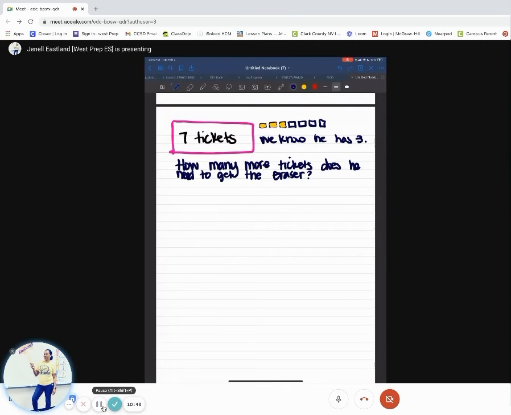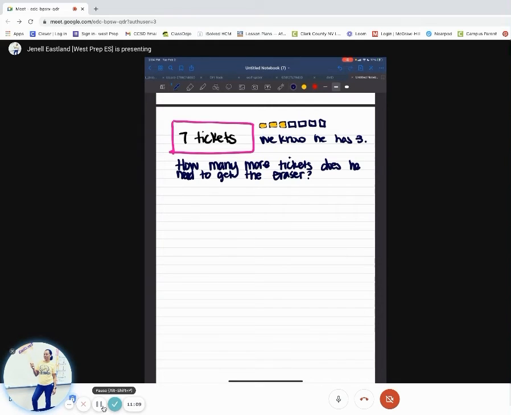So those are the 3 he has. We ask ourselves, how many more tickets does he need to get the eraser? So what else did I do? I drew a what? Draw an eraser and then you put 7 tickets. So I drew an eraser and I put 7 tickets.